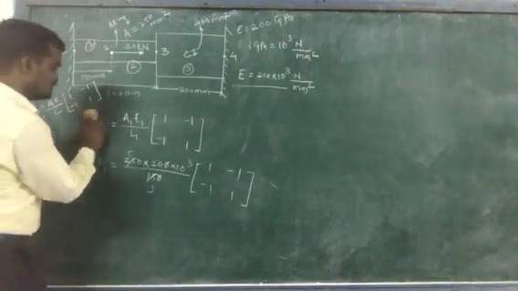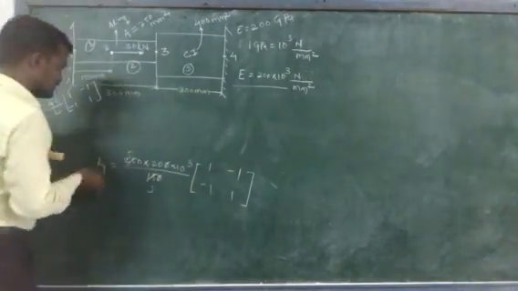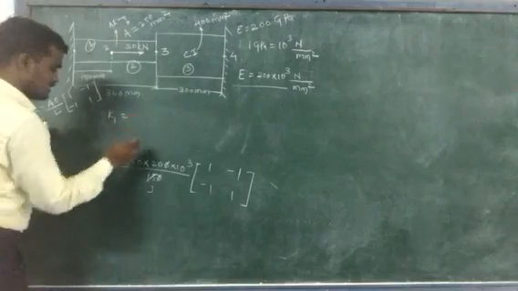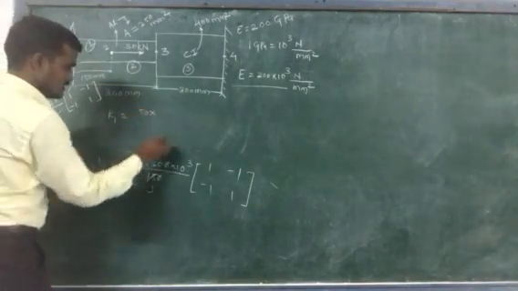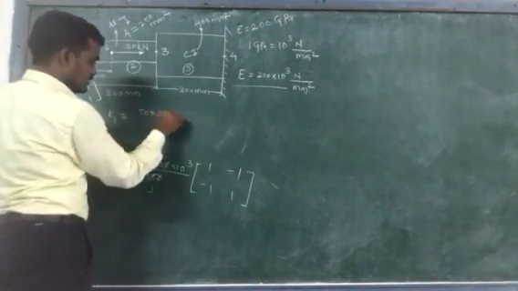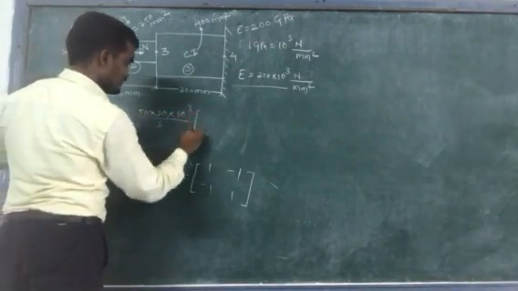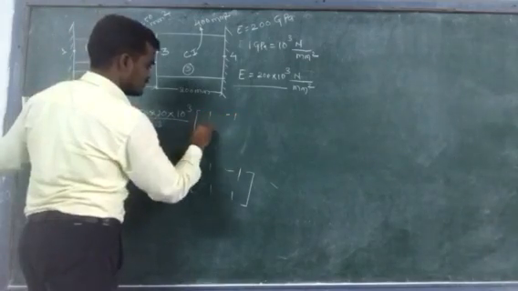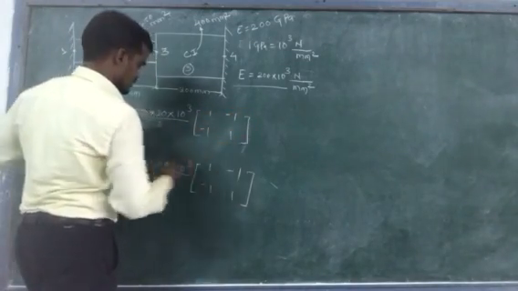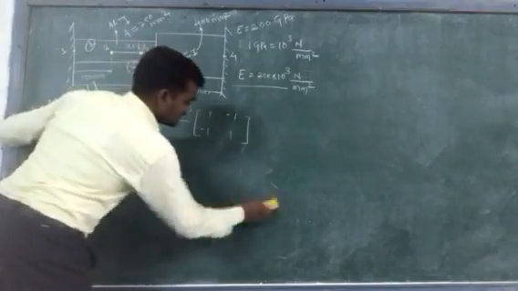So this will become 50 into 20 into 10 raised to power 3 divided by 3, in bracket 1 minus 1, minus 1 1.